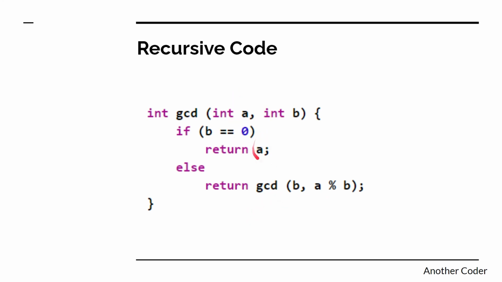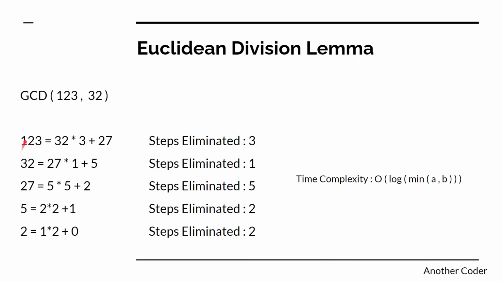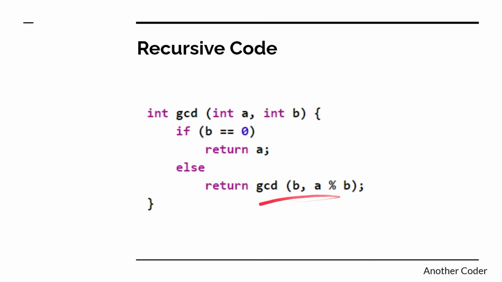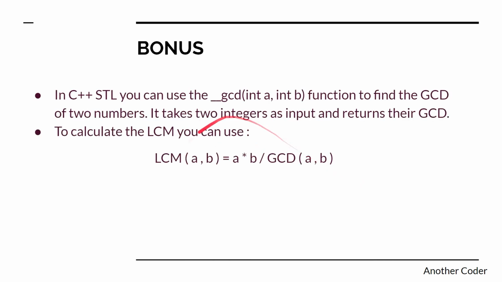If B is already 0, then we just return A, and if it is not 0, then we make the second number the first number and the remainder the second number. This is what we were doing in this particular series. We were making the second number the first number in the next step, and we were making the remainder the second number in the next step. So this is what we are doing. This is all we need to know about the whole Euclidean algorithm for GCD.